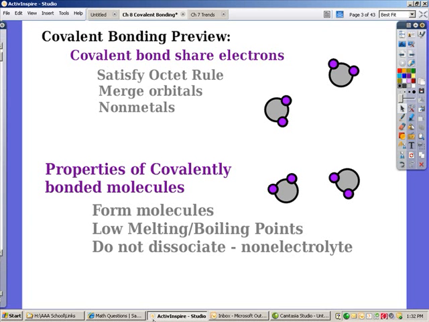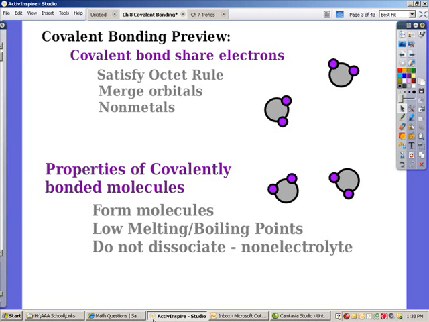And we're going to see how the atoms share electrons in order to have a stable octet. And then I'll draw some of these as examples for you and give you the opportunity to draw a couple of them as well.